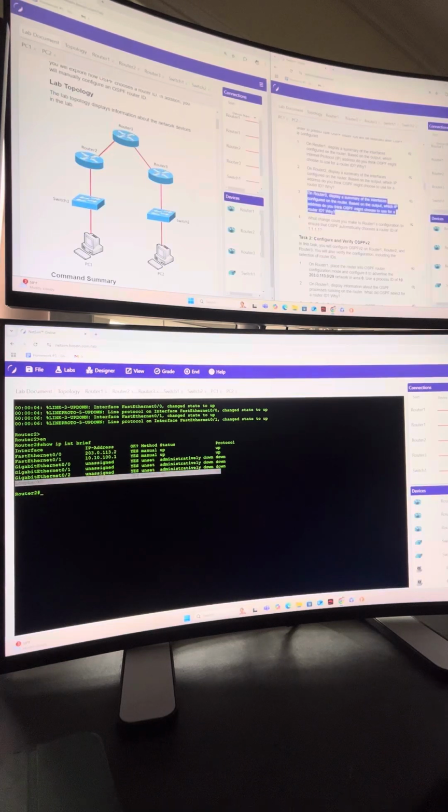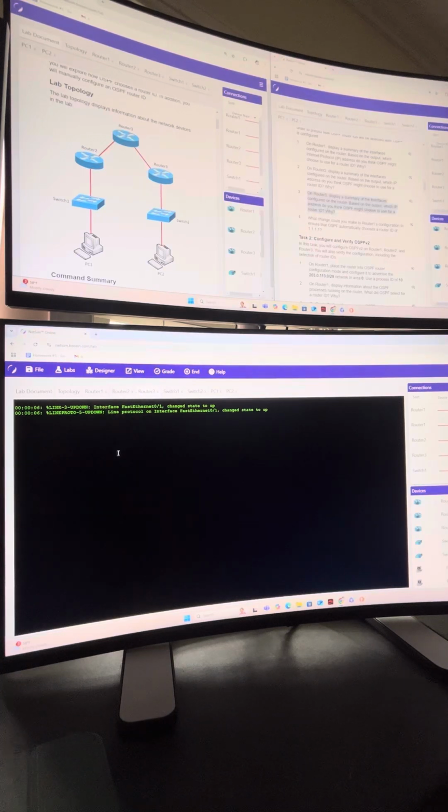It says on router 3, display a summary of the interfaces configured on the router. Based on the output, which IP address do you think OSPF might choose to use for a router ID and why? So if we go to router 3, all right, let's do enable for privilege exec mode, and let's do a show ip interface brief.